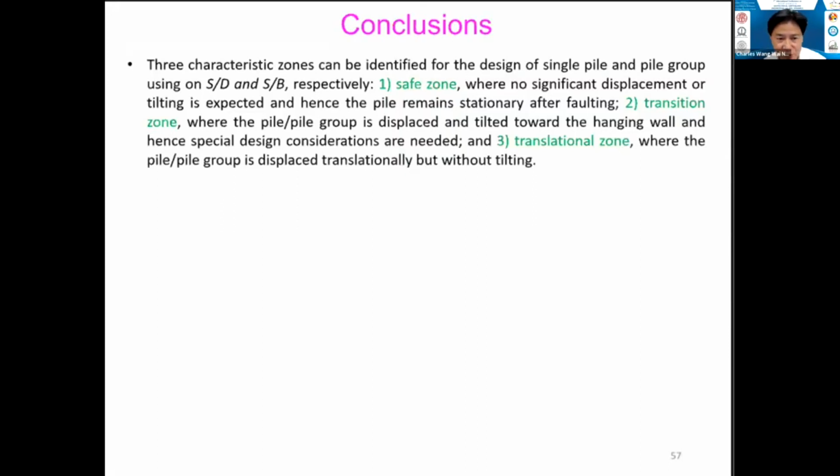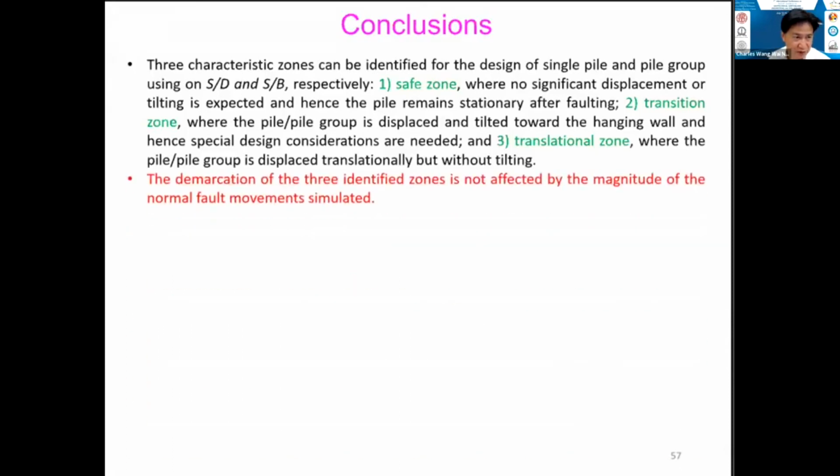It's a rigid body zone, if you like. We see displacement translationally, but without tilting, for instance, for the pile group. And the demarcation of the 3 zones is not affected by the magnitude of fault movement. That's important. That's good, and also good news. Okay.